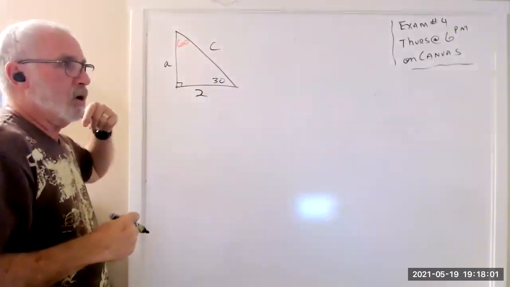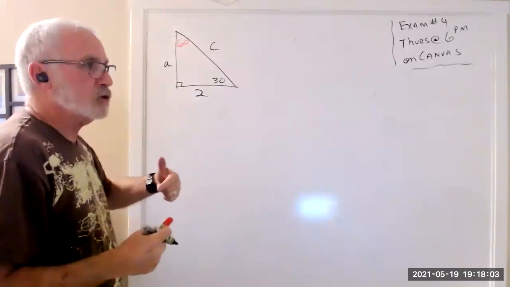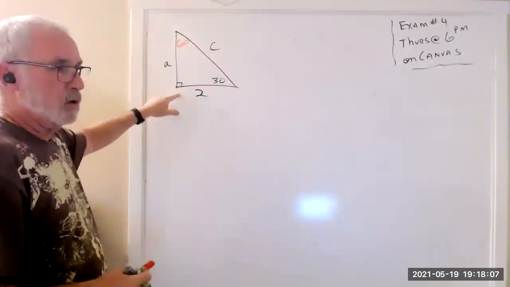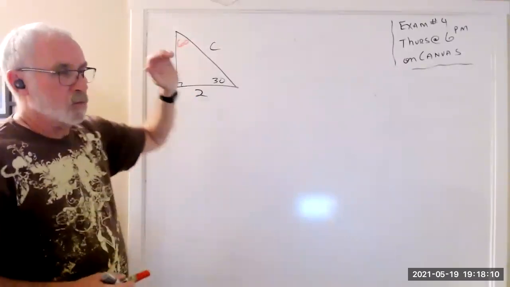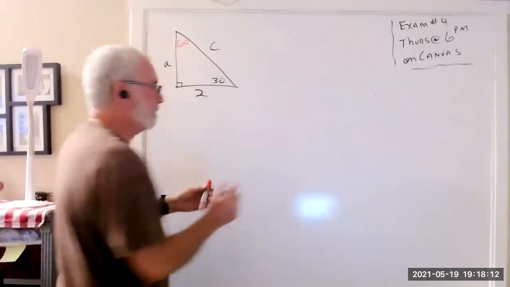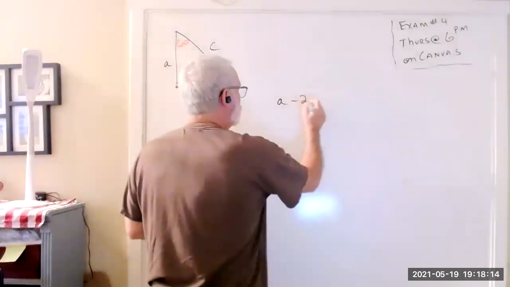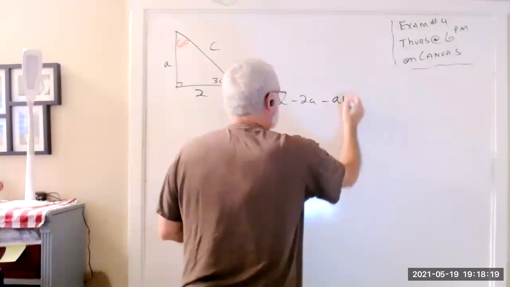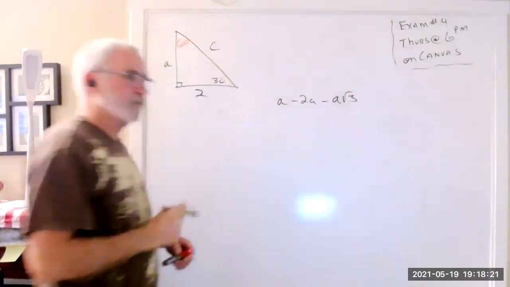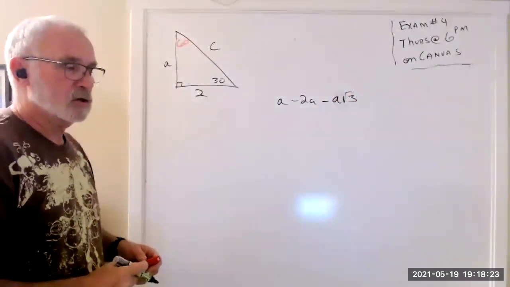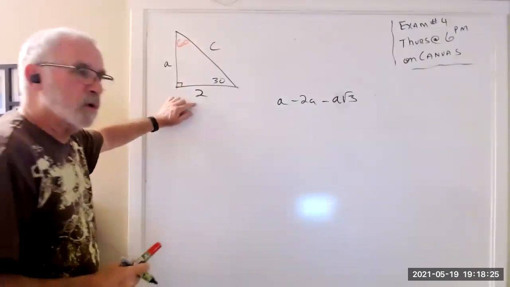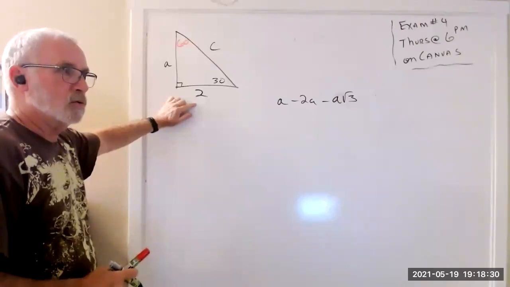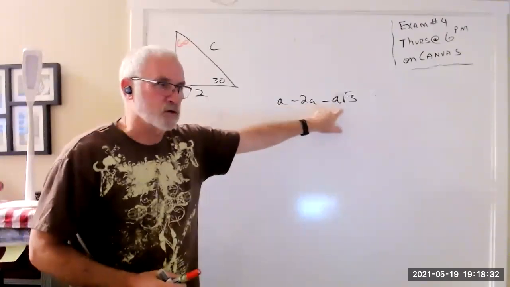Of all the relationships in a 30, 60, 90 triangle, somebody was A, somebody was 2A, and somebody was A times the square root of 3. Those are the sides. What side is 2? Which of these does 2 measure?